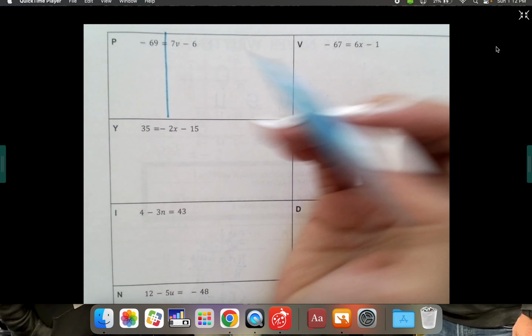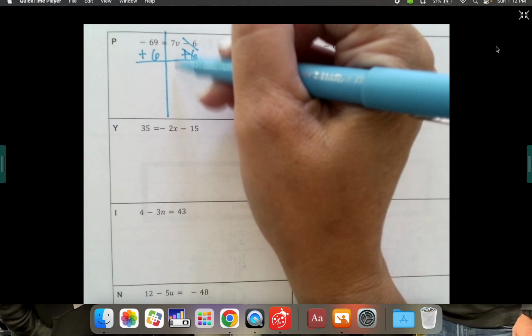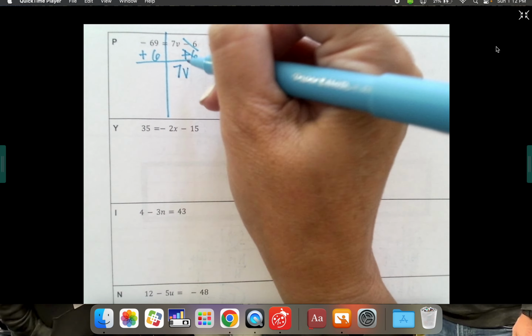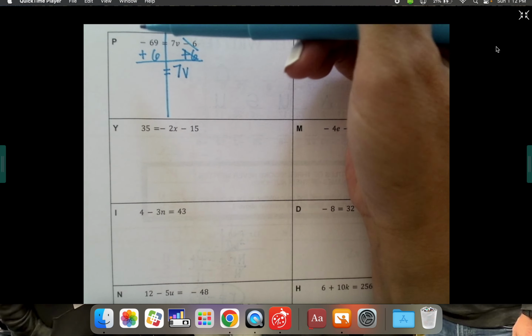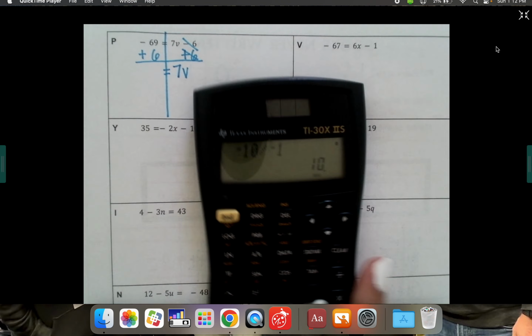So let's add 6 on both sides. They cancel because -6 and +6 is 0. They cancel out. You can bring down your 7v because it's still there. And on the left, we're going to do the math in my calculator. -69 plus 6 is -63.